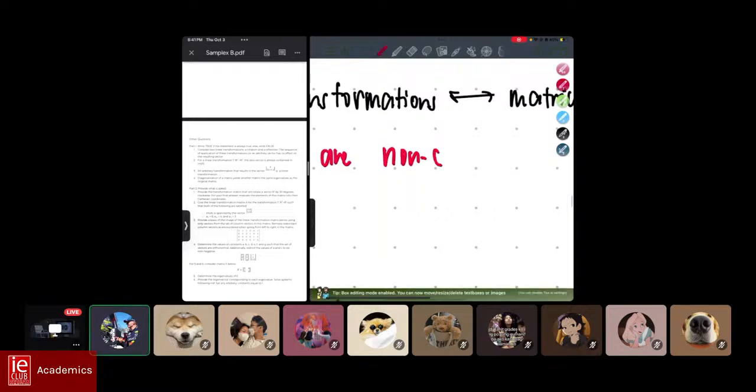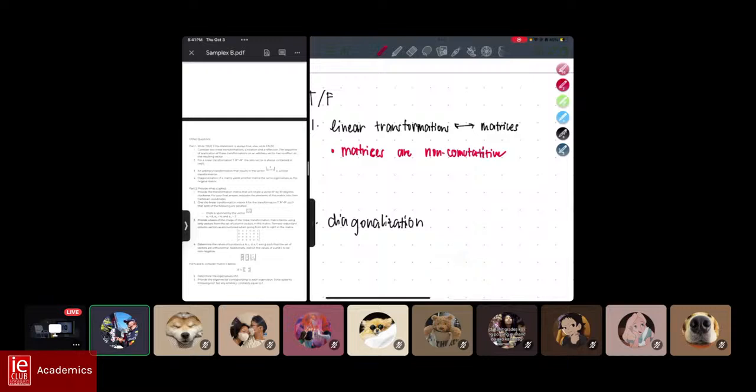So since matrices are non-commutative and linear transformations are treated as matrices, this is false because they are not commutative. The order by which you apply the linear transformations or by which you multiply vectors does matter. So the answer here is false.